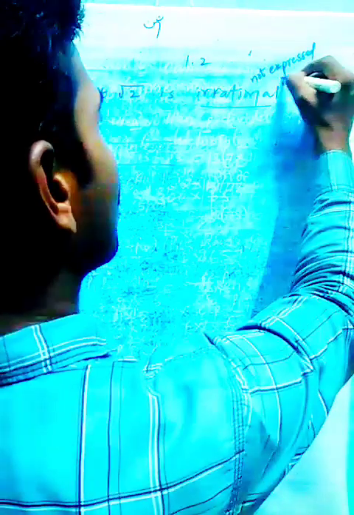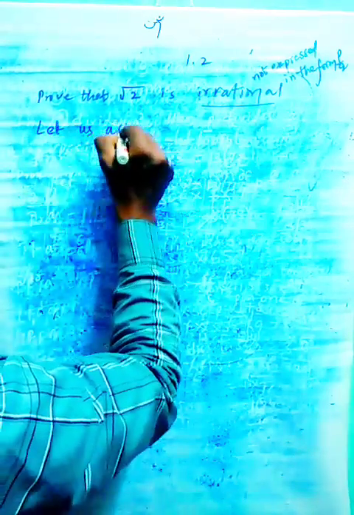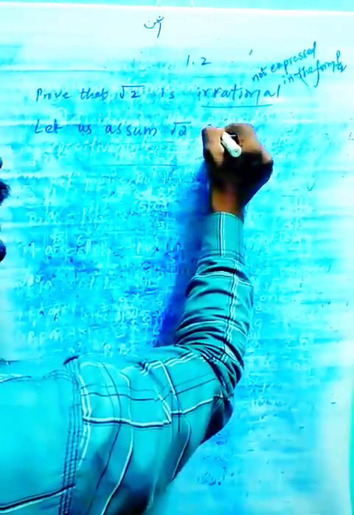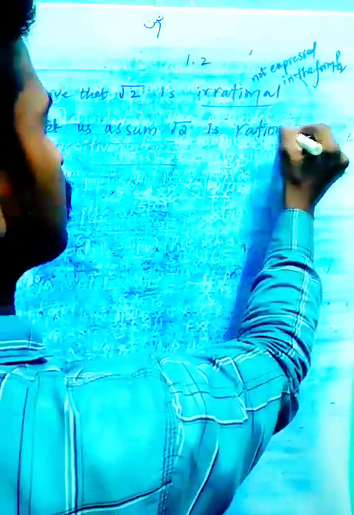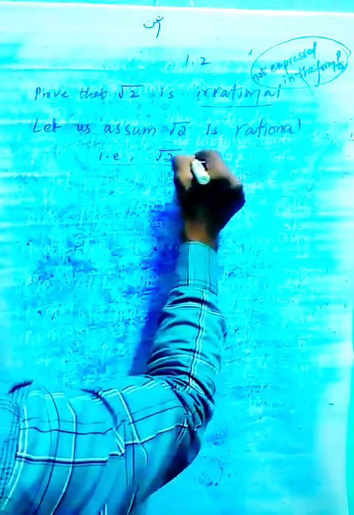But what is the definition of irrational? Numbers that cannot be expressed in the form of p by q are called irrational numbers. Numbers that can be expressed in the form of p by q are called rational numbers. So first let us assume root 2 is rational. Then root 2 can be written in the form of p by q.